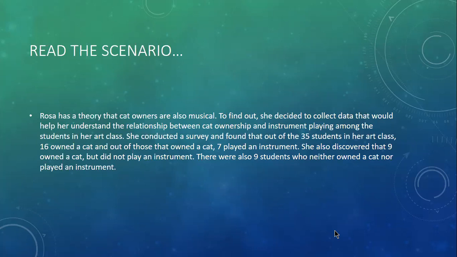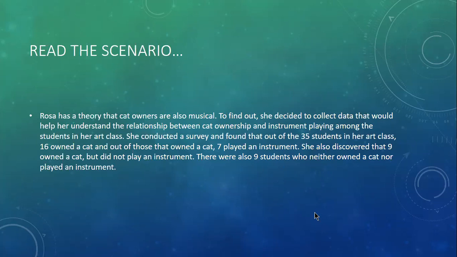So what are some numbers that jump out at you? 35, 35, 16, 7, and 9. Okay, so what do those numbers mean? What is 35? How many students are in the art class? Okay, good. So there's 35 students in our art class. And what else?